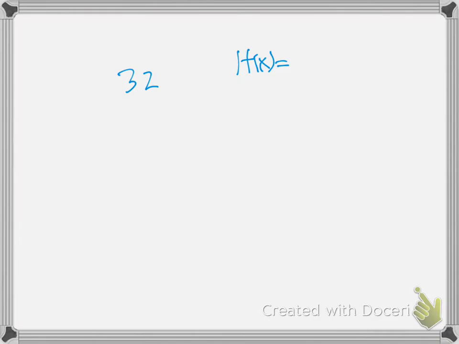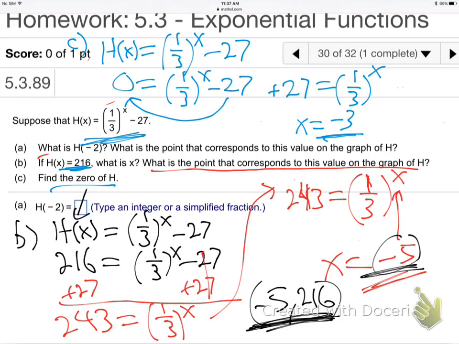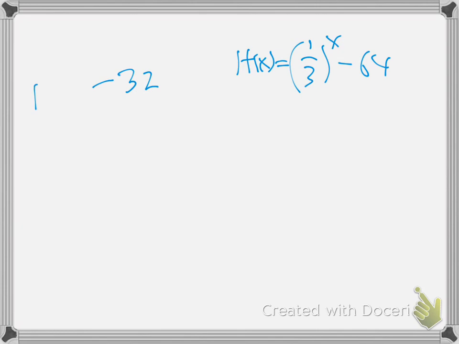Oh yeah, it's 1 over 3 to the x minus 64. Do I have it right? Okay, and then on part B, they're saying h of x equals what? Negative 32, okay. So they're saying h of x is negative 32. So that would go in right there. So negative 32.